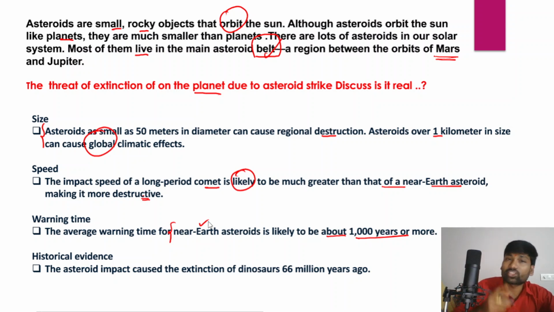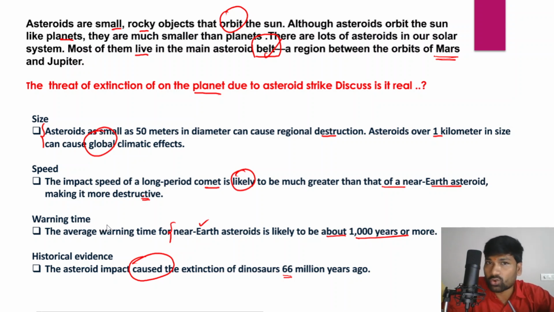And in fact, historically there is evidence that an asteroid impact caused the extinction of the dinosaurs 66 million years ago on this planet. So planet Earth was previously hit by an asteroid, and that led to the extinction of the dinosaurs. Dinosaurs were the dominant species, right?